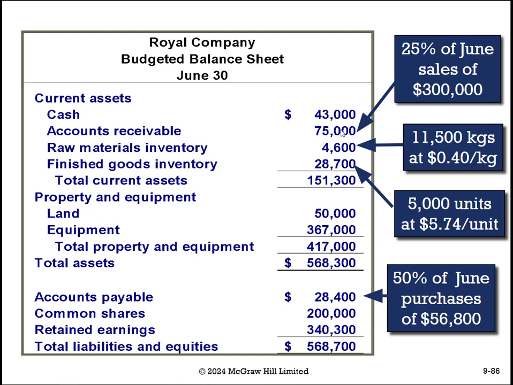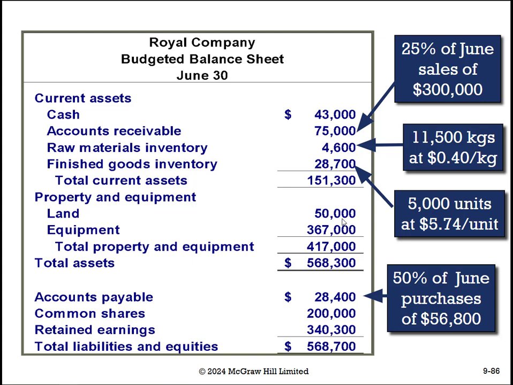Then you have accounts receivable, which was from our June sales. So this is the amount that we didn't collect from June sales. We then have our raw materials inventory and our finished goods inventory at the end of June 30th.